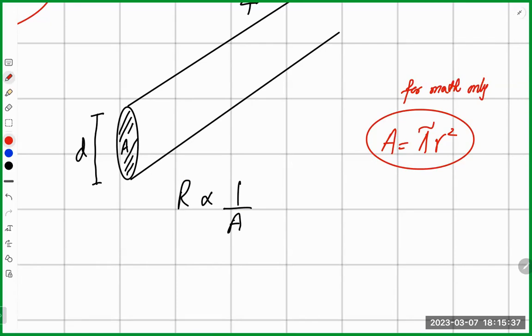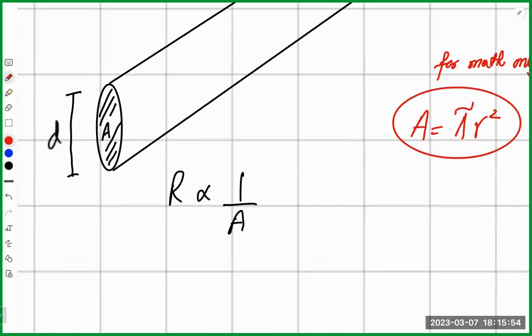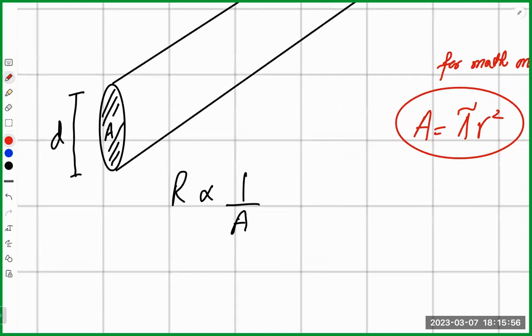The problem is when you go to the lab and measure, you cannot measure radius. You always measure diameter. For example, if you use a micrometer, what will you measure for this wire? Diameter. Use vernier caliper, diameter. There is no device that can directly measure radius.